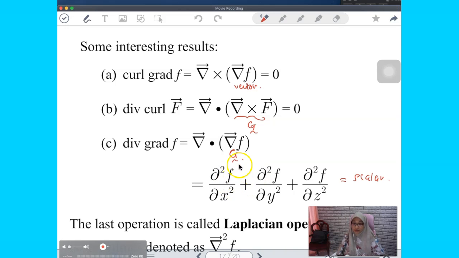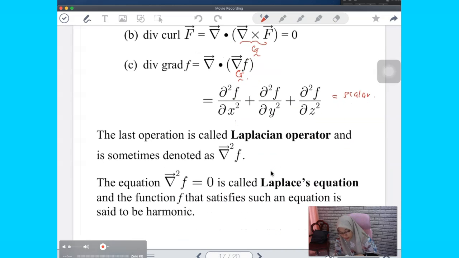The special thing about this is, if you have nabla dot nabla of the scalar field, the answer is a scalar, which means you get the second derivatives of the scalar field, so f of xx plus f of yy plus f of zz.